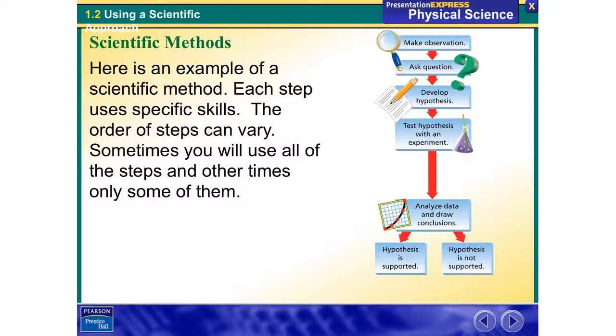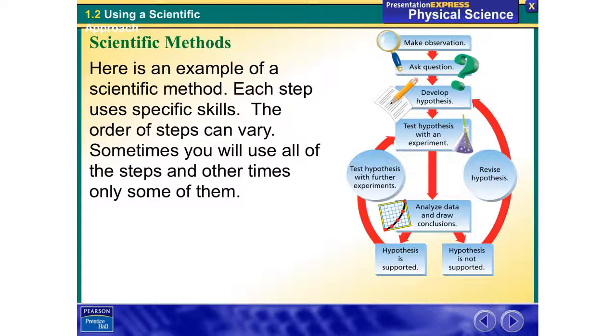From your conclusion, your hypothesis will either be supported or not supported. So supported means that your hypothesis seems like it was correct. Not supported means that your hypothesis seems like it was incorrect. If your hypothesis is supported, you should test your hypothesis with further experiments to make sure that you're getting the same results each time or similar results.